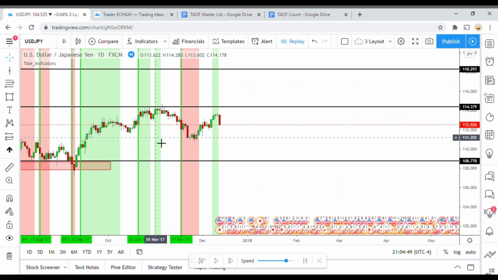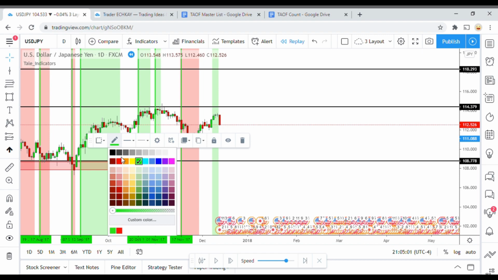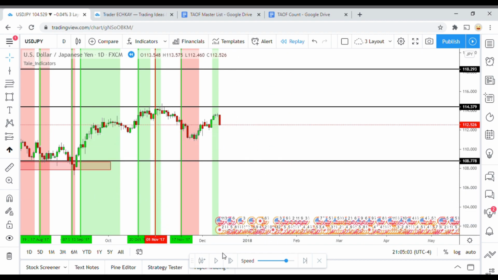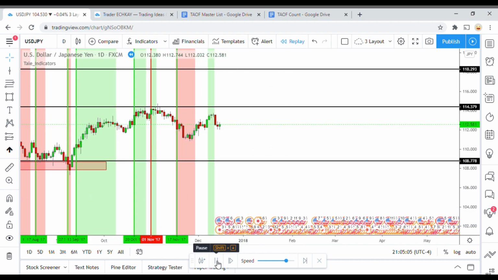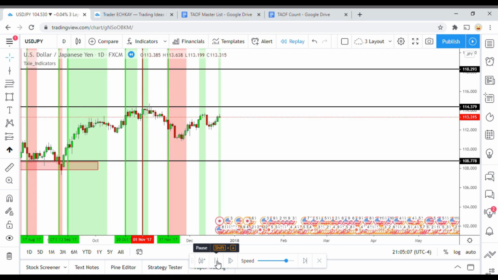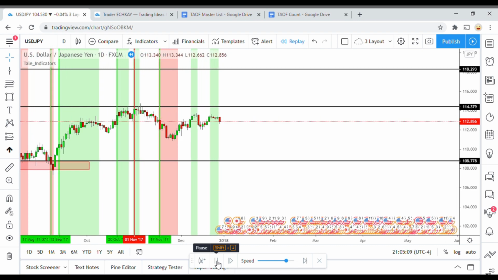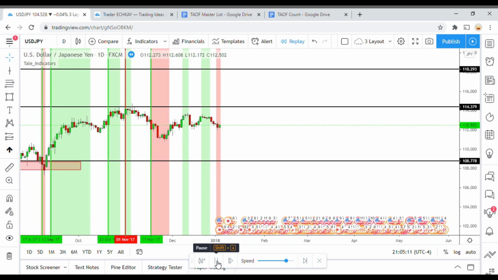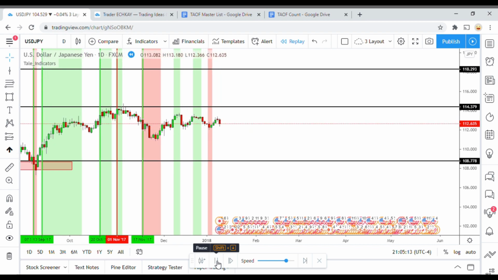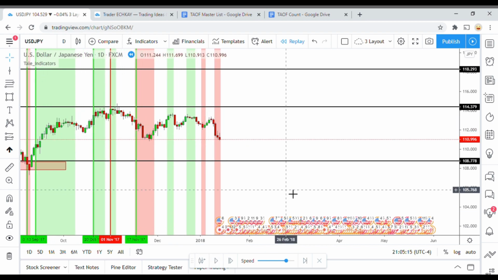Didn't quite make it the full amount there. Let's go back here, make sure I get this signal right here. Let's see what they do. It's bouncing along. Really looks like they want to just shove this thing to the upside.